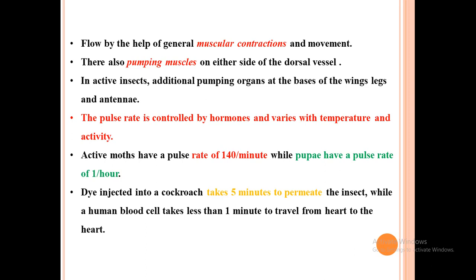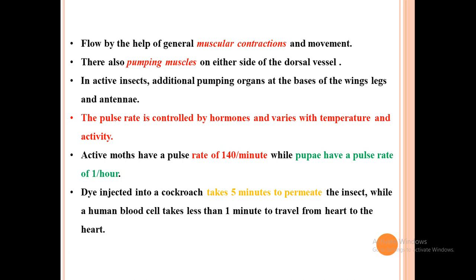The pulse rate is controlled by hormones and varies with temperature and the activity of the insect, whether it is flying, molting, walking, jumping, catching, or doing some other activity.